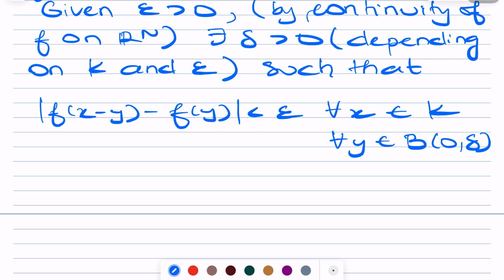This is just by definition of continuity of the function f.